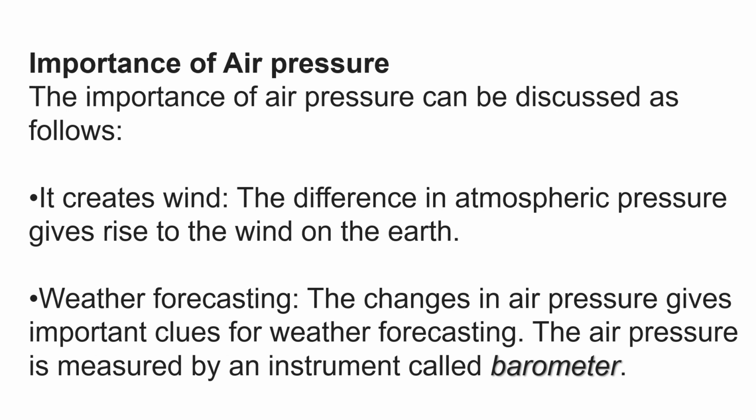If we continuously fill more and more air into the bicycle tube, the air pressure in the bicycle tube will increase too much that tube may get burst. These observations also show that air exerts pressure.